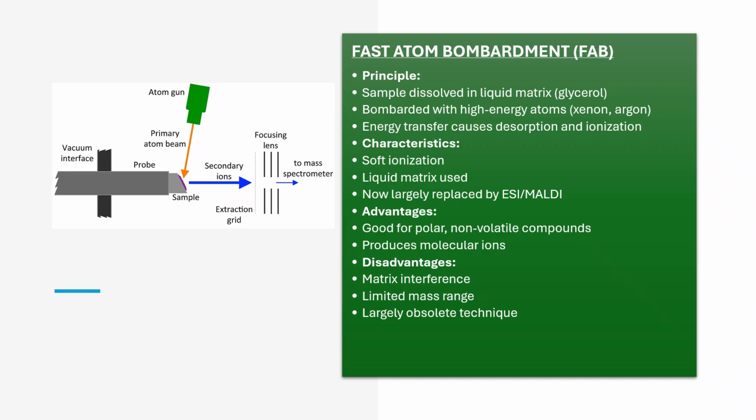So let me briefly mention fast atom bombardment or FAB. This is an older technique that mostly has been replaced by ESI and MALDI, but it's worth knowing about. In FAB, you dissolve your sample in a liquid matrix like glycerol, then bombard it with high energy atoms, usually xenon or argon.